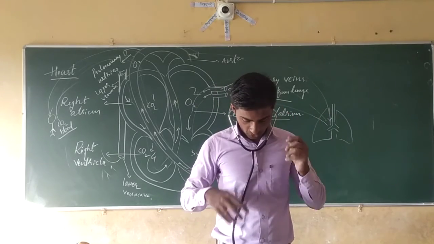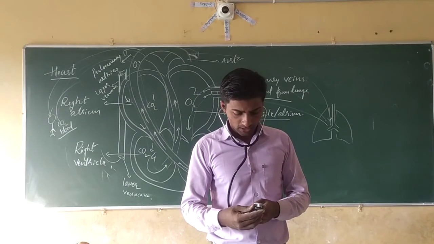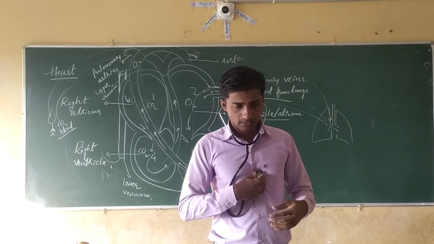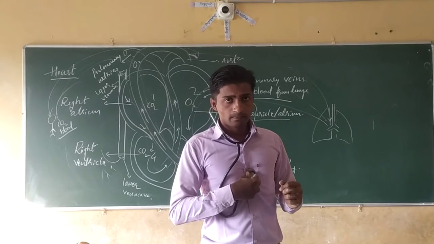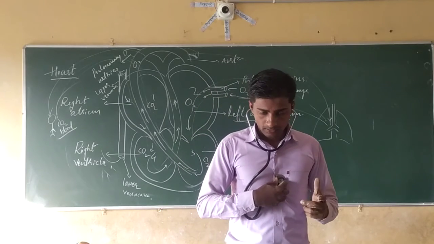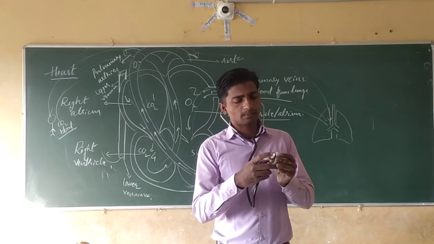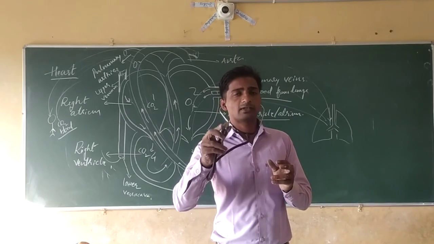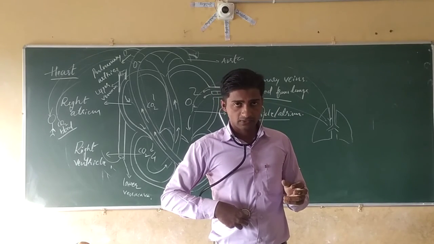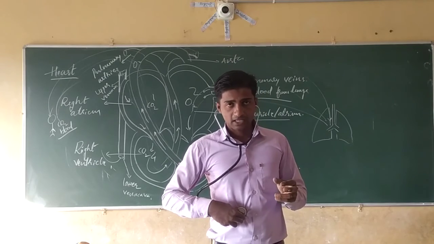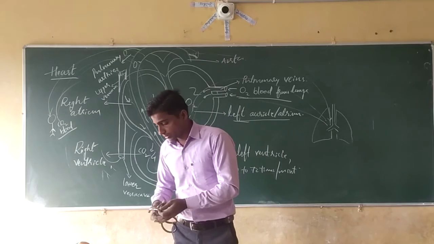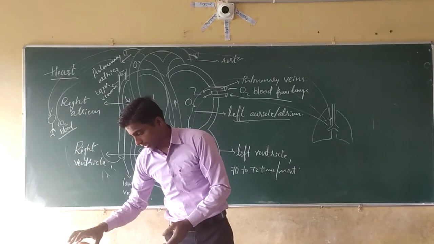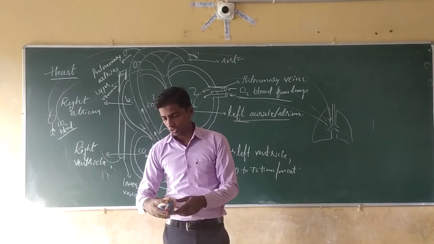Doctors, you might have seen, use it to listen to the heartbeats. Yes. Next, by this end we can measure the peristaltic movement, isn't it? Again, I will show you the model of the heart, the internal structure of the model of the heart.